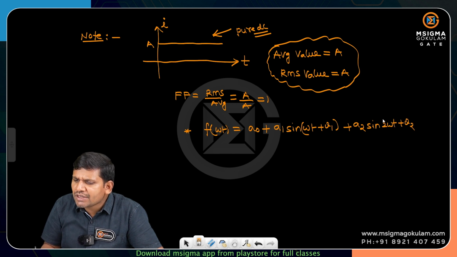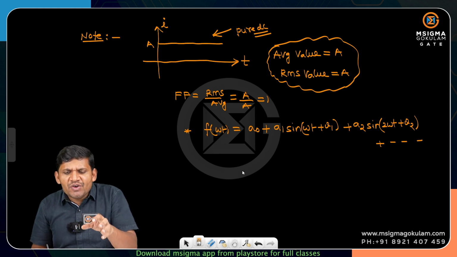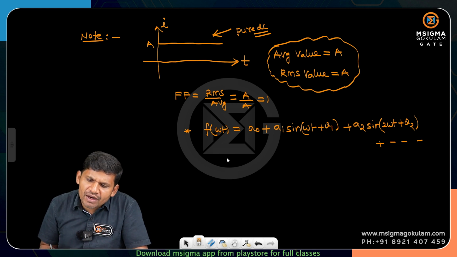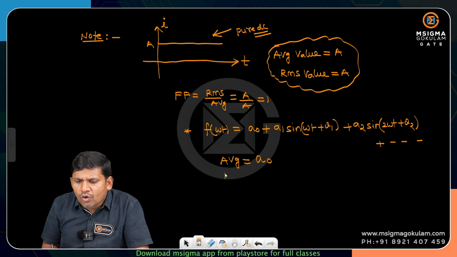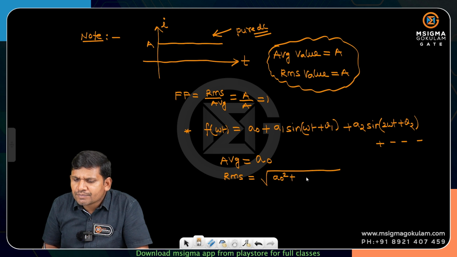For the same frequency, you don't apply this formula. Like this, it may be a sine function or a cosine function. For this type of current or voltage equation, the average is equal to A0, students. Then how to find the RMS? This you already studied in network theory also in AC analysis. RMS is the root of A0 square plus A1 by root 2 whole square plus A2 by root 2 whole square, and so on.